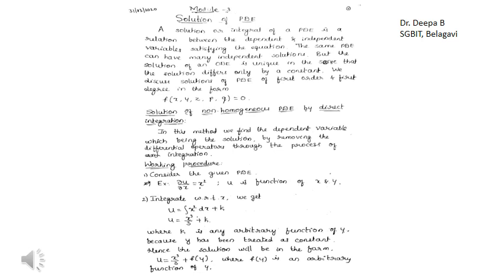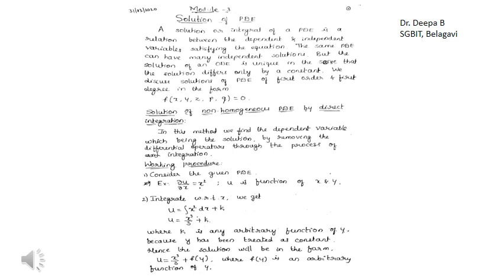Always remember, here we are integrating with respect to x, so the y term is constant. Here we have to take k as the integrating constant, so k should always be a function of y. Why? Because the term containing y is constant while differentiating with respect to x.